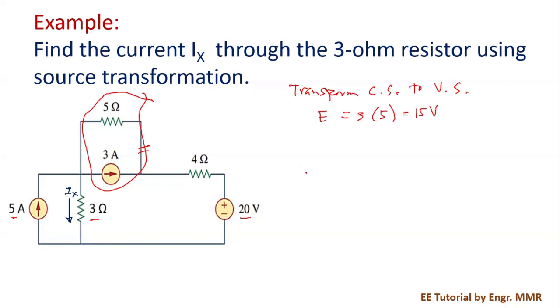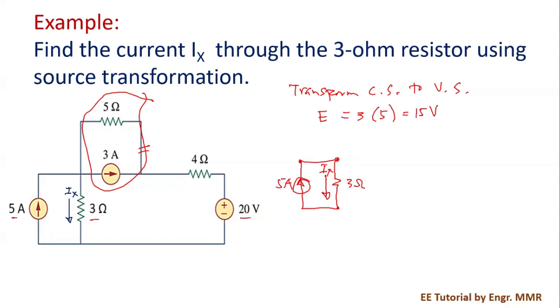So let's draw the equivalent circuit. Of course, the 5 ampere source is still connected with the 3 ohm resistor because the 3 ohm resistor is the resistor of interest, since the current Ix is flowing through it.